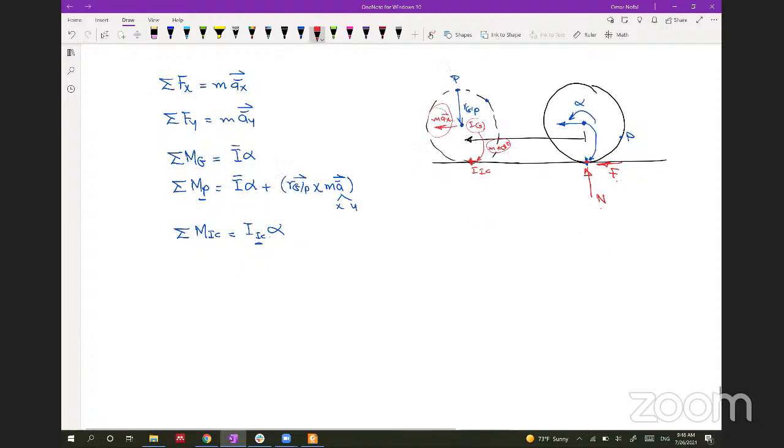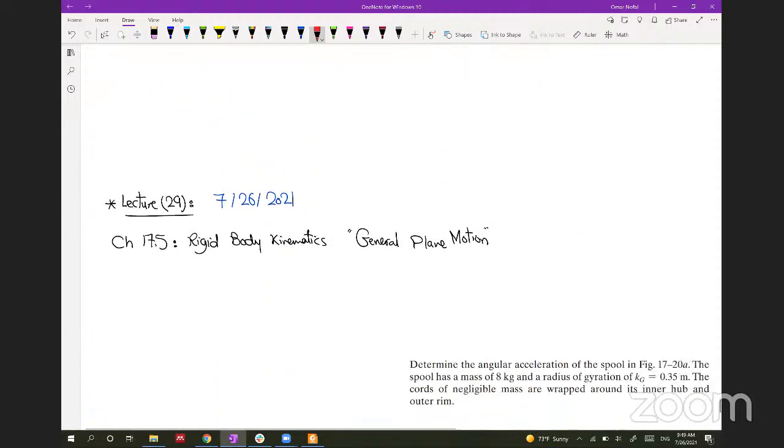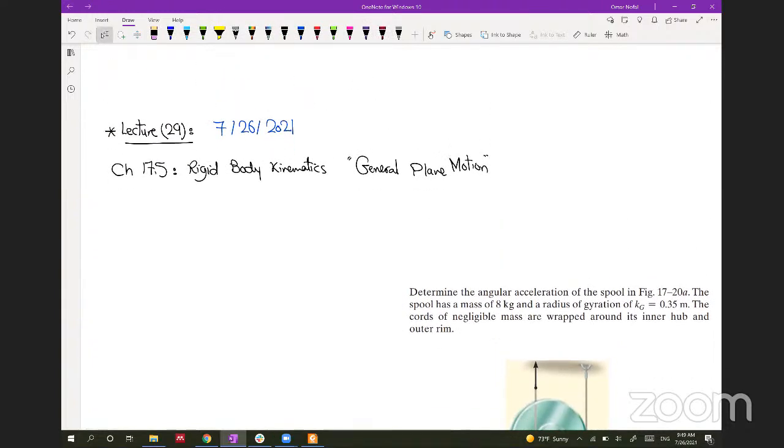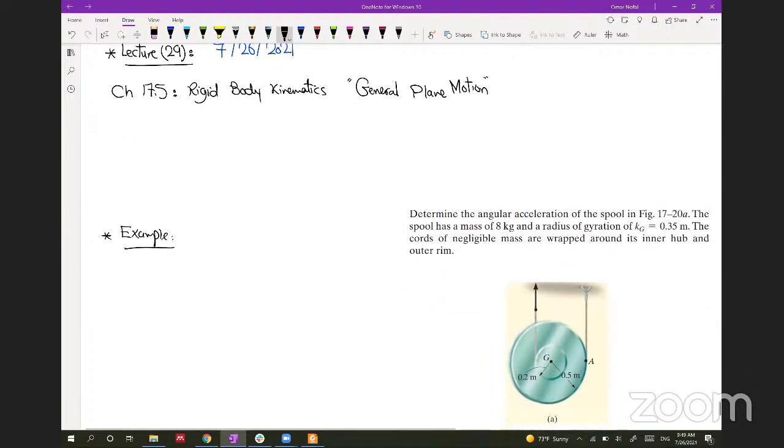So let's solve an example on this application. For this example, it says to determine the angular acceleration of a spool, and it has this body.